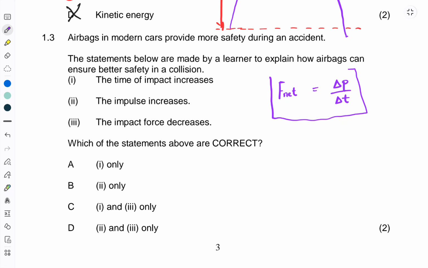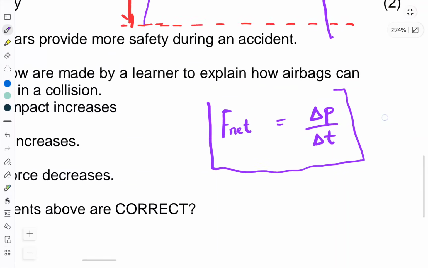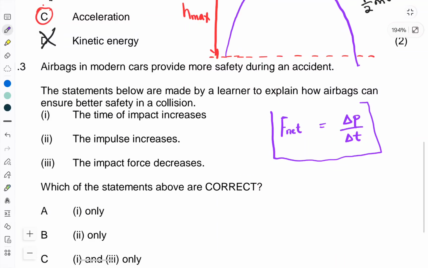Now if you remember, when you're using this formula, delta P will be the constant. Why are we saying it's constant? Because if an airbag is trying to stop you during a collision, it comes out and stops you from hitting the dashboard.